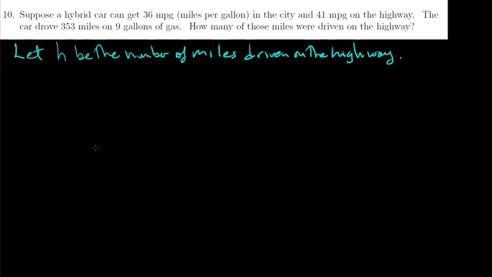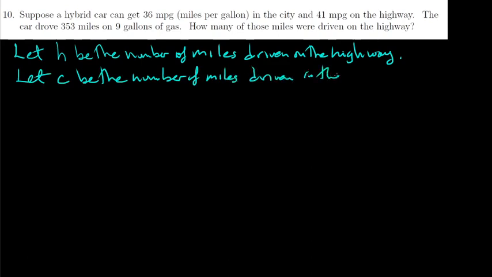And even though we don't need it, we need the number of miles driven in the city, so let C be the number of miles driven in the city. So that's step 1. Step 2: make a table.